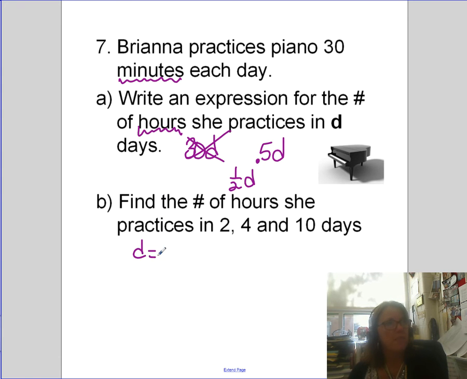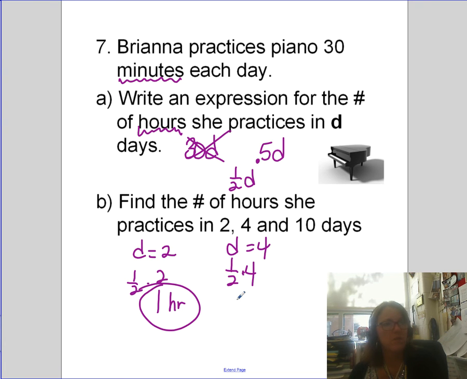First of all, if it's 2 days, then you take 1/2 times the 2 days. That's 1, and our answer is hours. If D is 4, that means you take 1/2 times 4, which is going to be 2 hours. And last but not least, if D is 10, then it's half of 10, which is exactly 5.